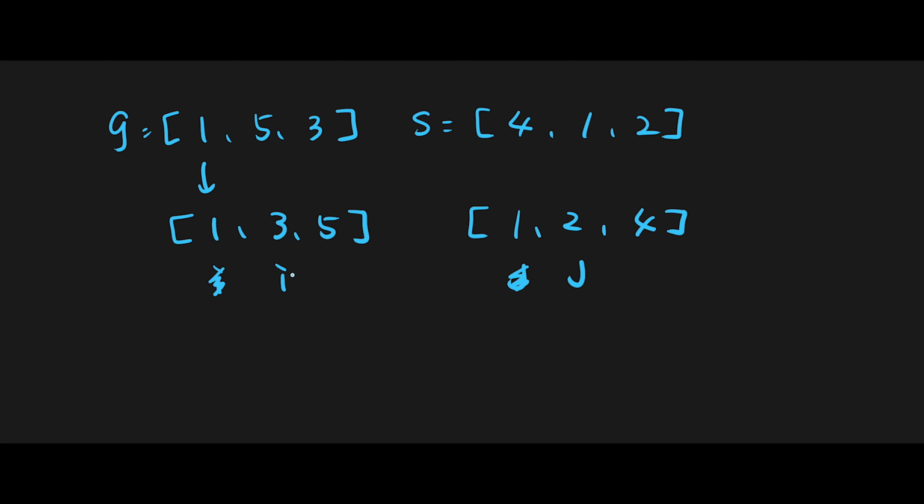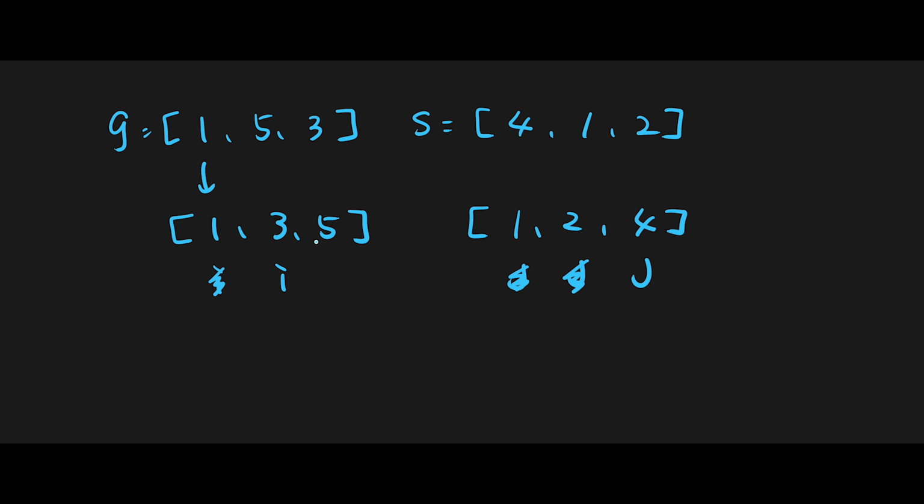In that case, we don't move the i index, only move the j index to next. That's why I said even if the child is not satisfied, we move the j index to next. Then we check both indexes again, and they are less than the length of the array, so we continue.